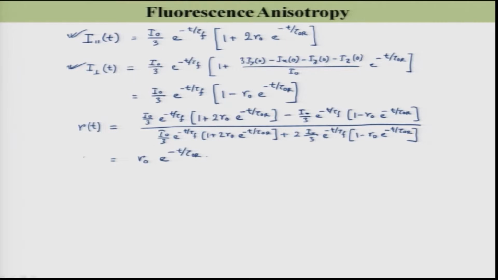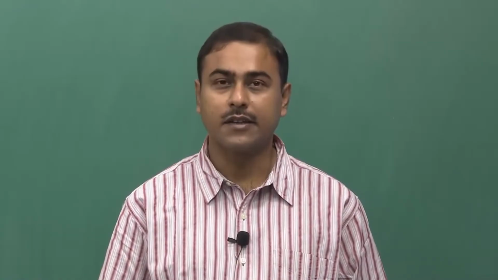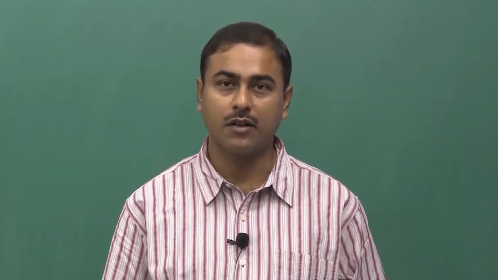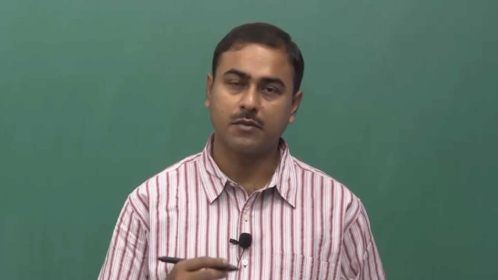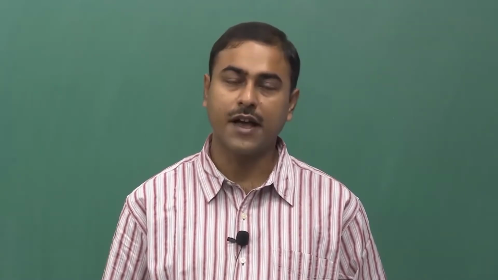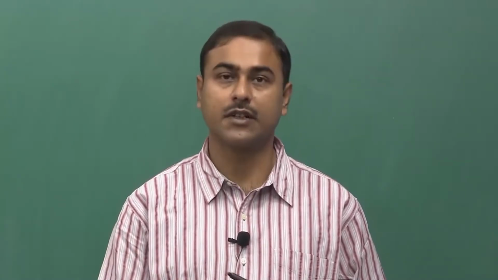So, ultimately what I got is r t equals r 0 e to the power minus t by tau r. That means the value of r will start from r 0, and when t is very large, eventually the value of r will be equal to 0. So, the anisotropy will start from r 0 and decay to 0, and that decay will be exponential in nature.